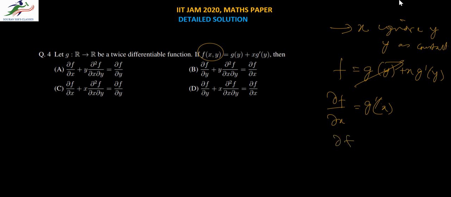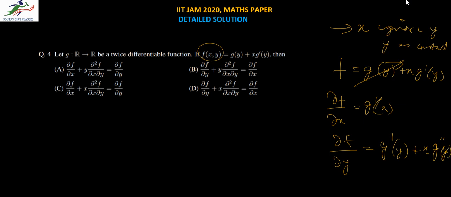And if we differentiate with regards to y, then we'll disregard x and we'll only consider y, so that will be g dashed y plus, we treat x as a constant, so x into g double dashed y.